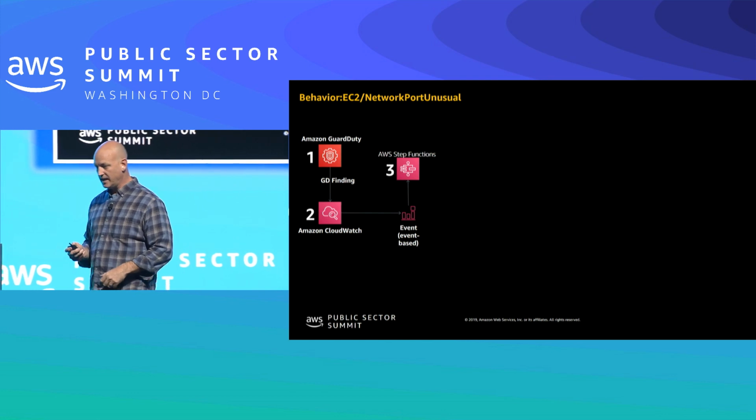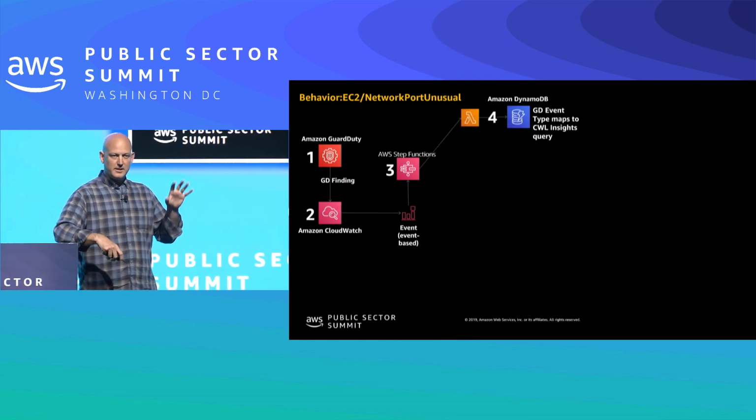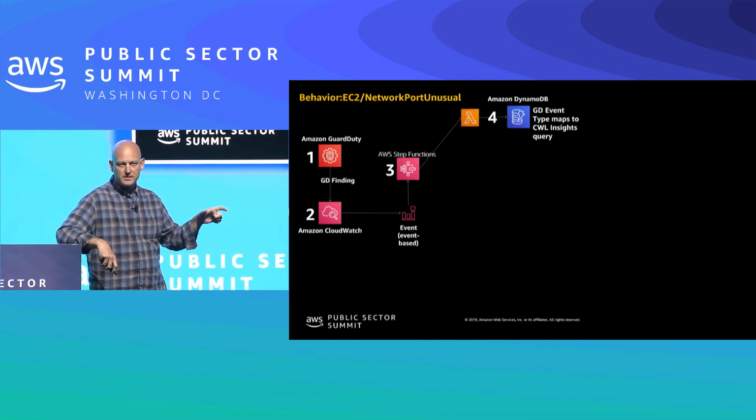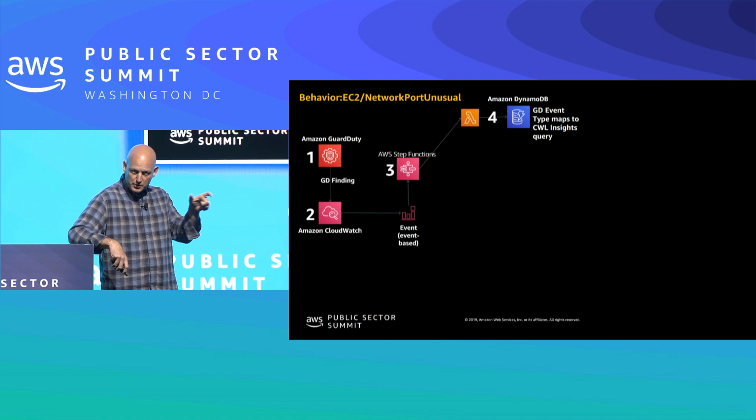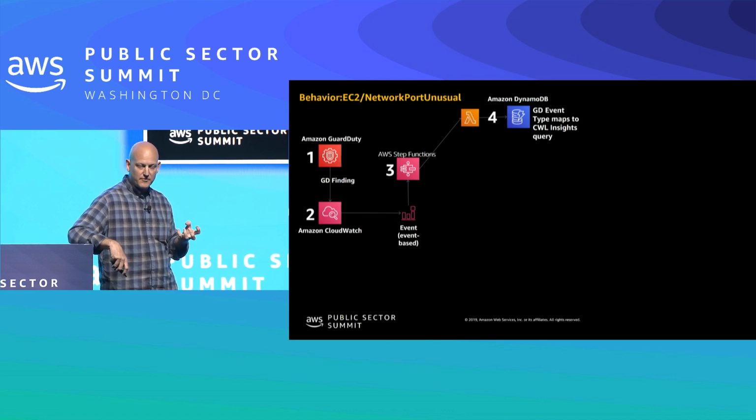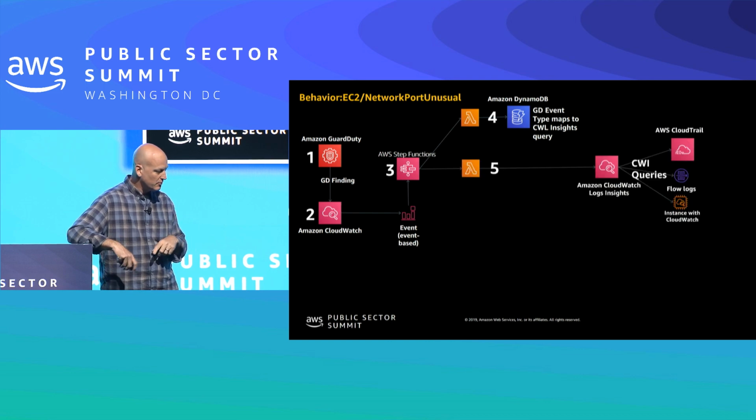So we've created a DynamoDB database that has these findings, but it also has information about certain queries for different services that gather data that you can query to pull some of this information in.